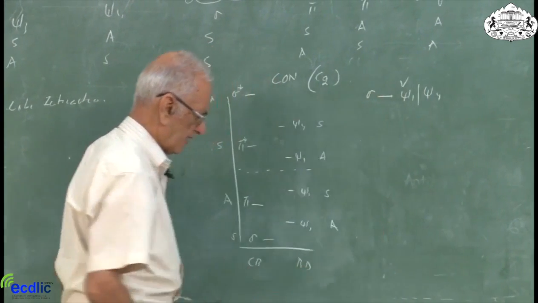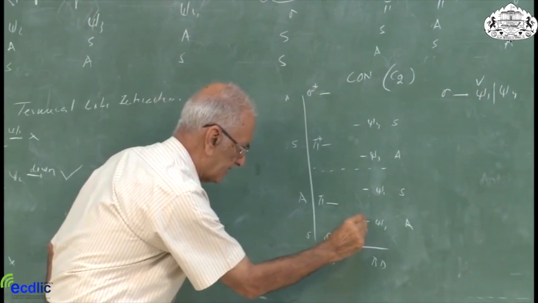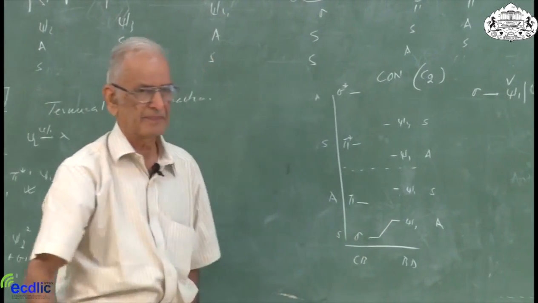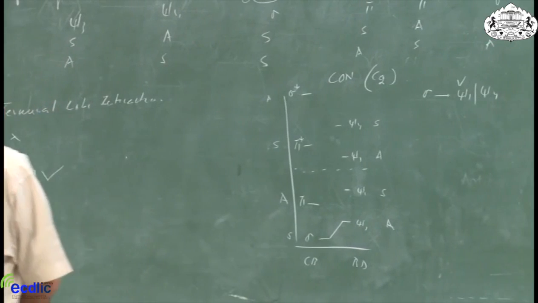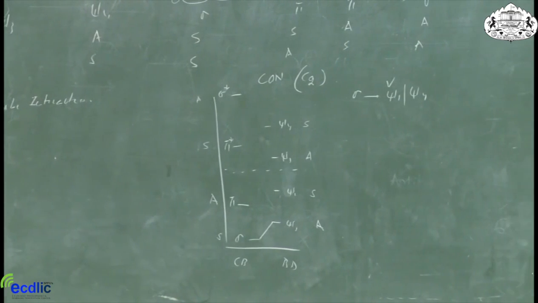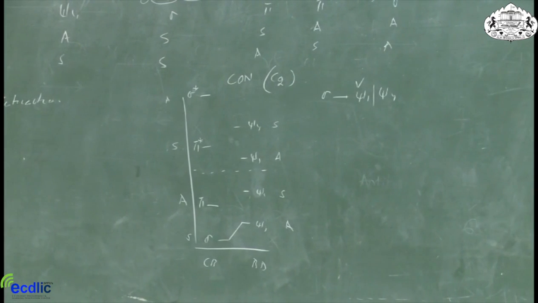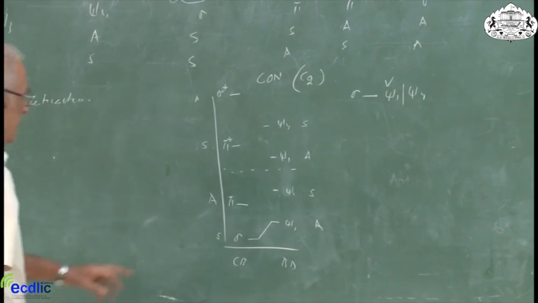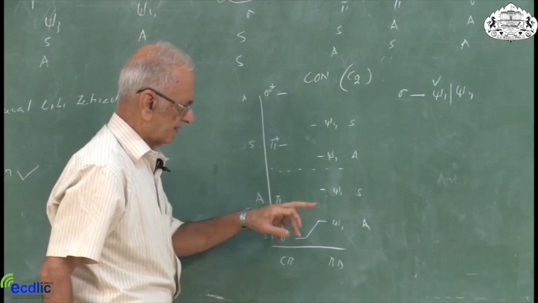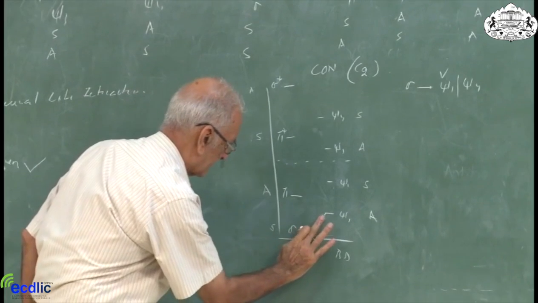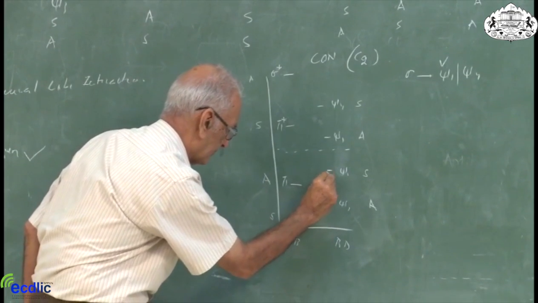Psi 1 is lower in energy, therefore, the principle of minimum crossing tells me that sigma will be joined to psi 1. Pi is anti-symmetric, sorry, sigma is going to join to psi 1.